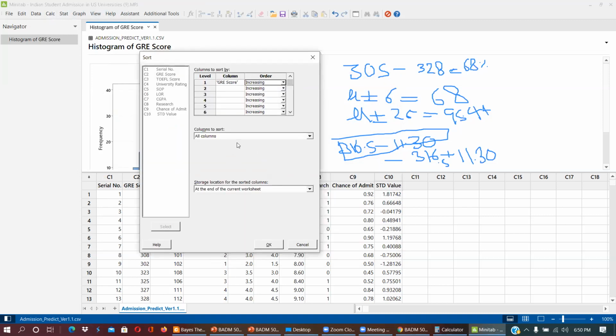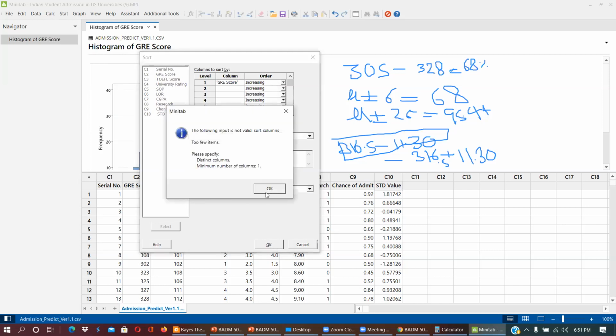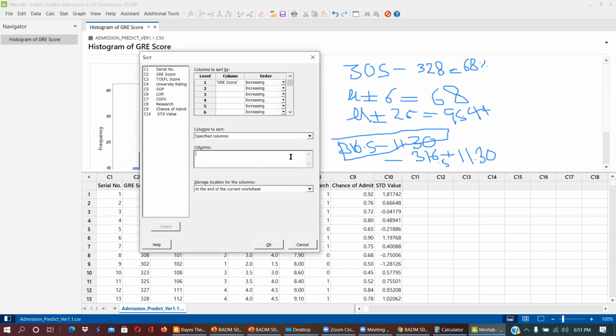All columns, not specified columns. And the output at the end of the current worksheet, I'm going to do this. Columns. Let me do all columns.